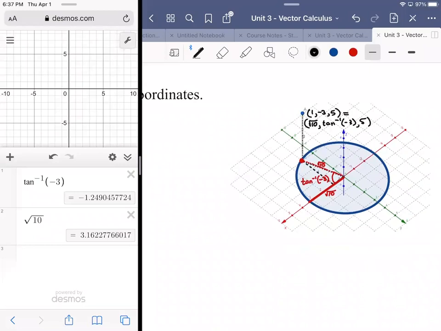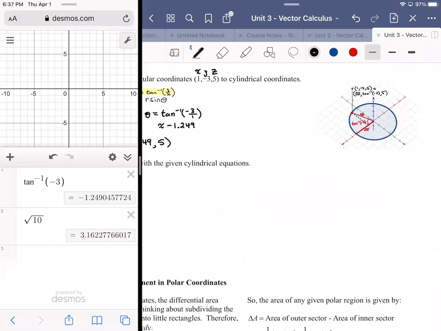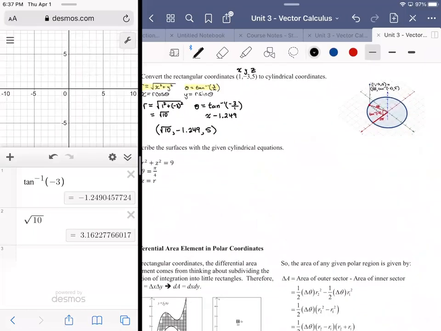Now you may wonder, and I think this is a pretty valid question, is it okay to leave it in inverse tangent form? My answer to that question is yes, if it doesn't give you a clean answer when you evaluate the inverse tangent. You see here, the inverse tangent of -3 gives you a disgusting decimal.